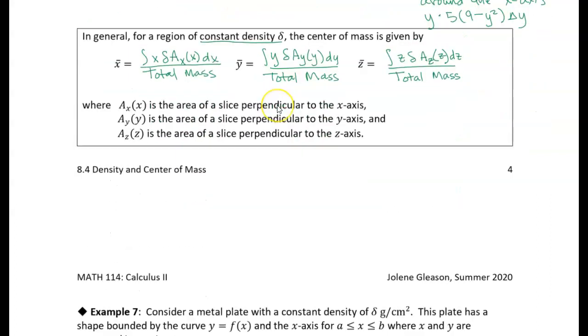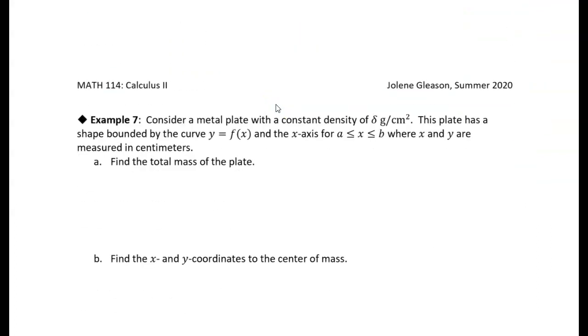Let's see, we have at least one more example before we go on. I know this video got a little long, and this next one is basically introducing an alternate way of finding the y-coordinate of the center of mass.